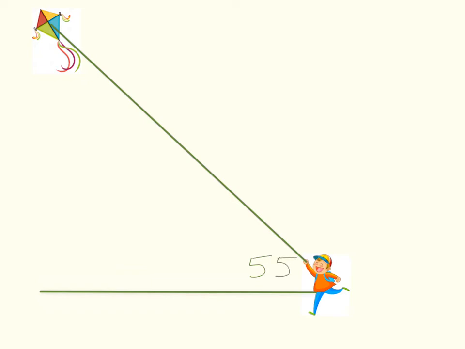And then we also know that the kite string with full extension is 62 feet. This kid can fly a kite. And what we want to know is exactly how high off the ground this kite is as we stand here.